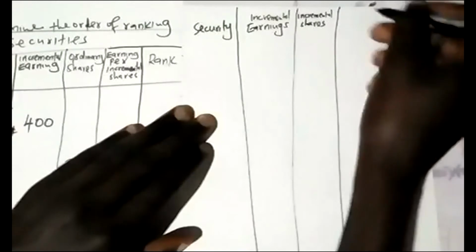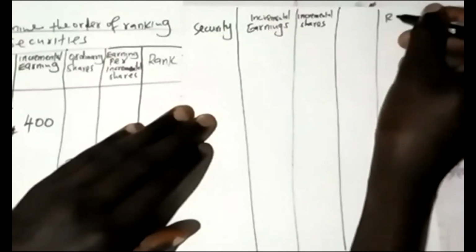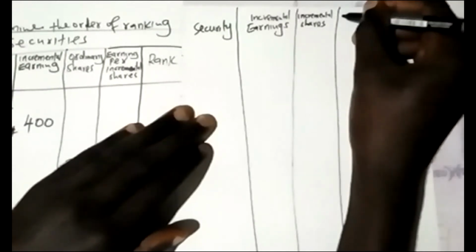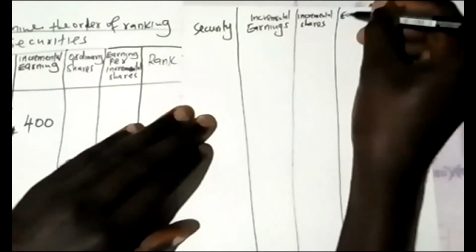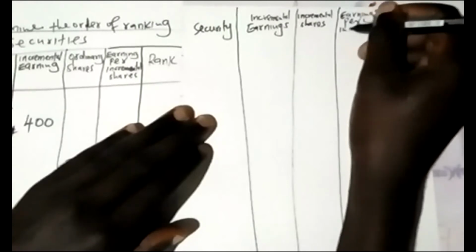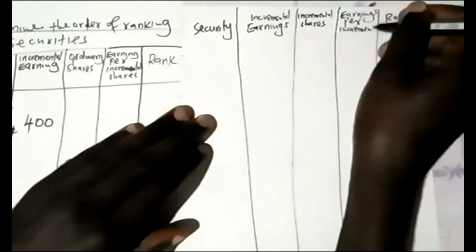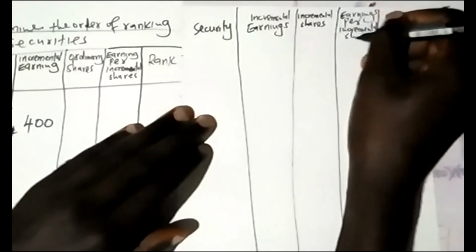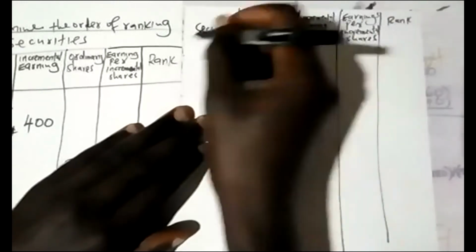Then you talk about the last two columns. The last one is earnings by incremental shares.